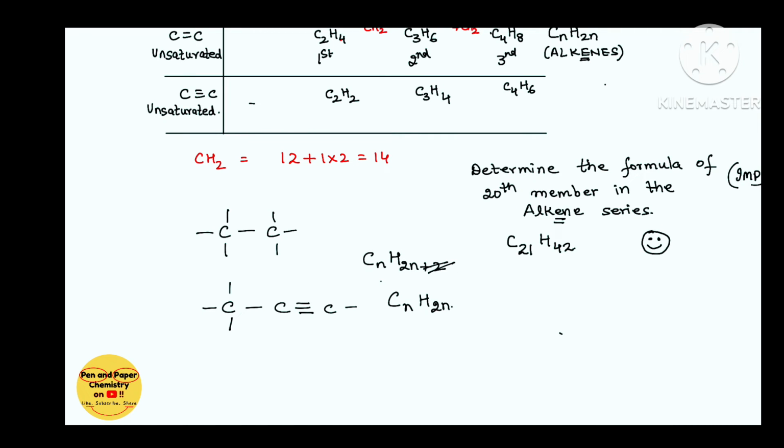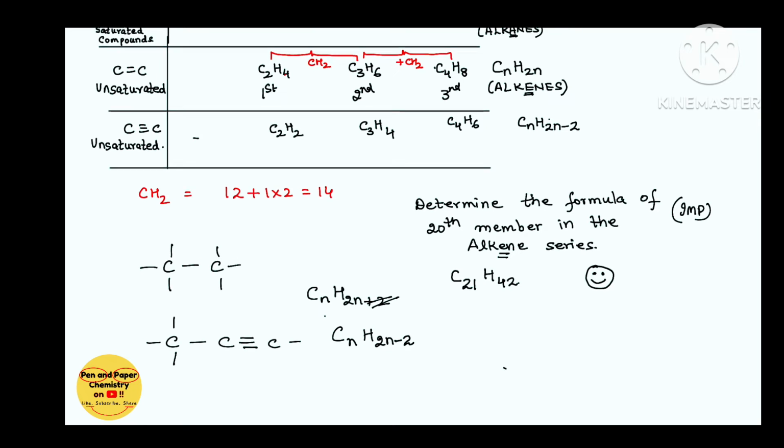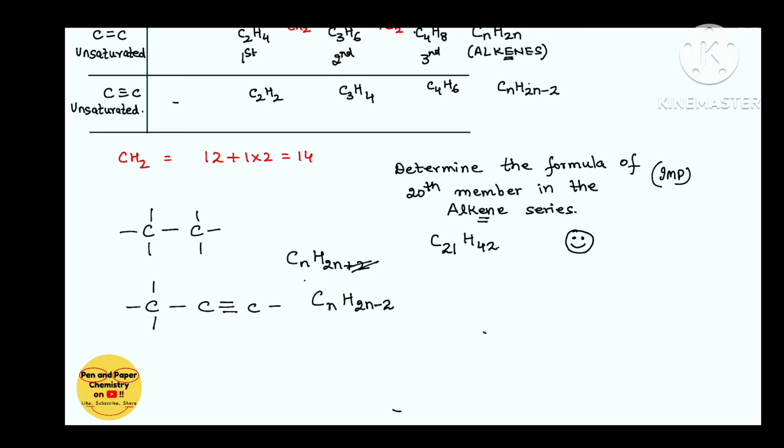So when you are removing two hydrogen, what is the number of hydrogen atoms left? Correct. So the general formula for this class of compounds becomes CnH2n minus 2. Let's see if this is right or not. So when the number of carbon atoms is 3, the number of hydrogen atoms would be 3 times 2 minus 2. Yes, C3H4.